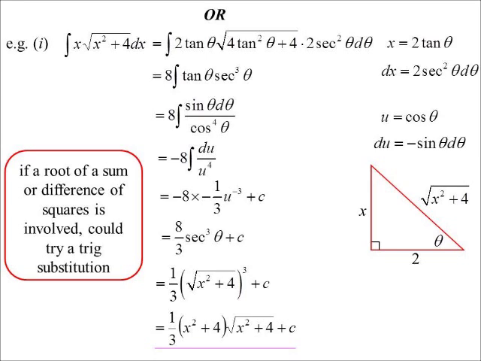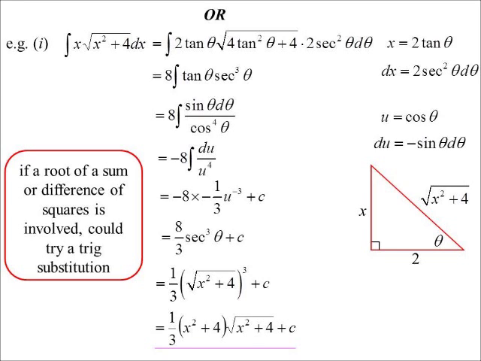Possibly not the best substitution to use. So let me just recap on that particular example. In 3 unit, they're going to give you the substitution, and they would definitely give you the first substitution, not the second. They would say use u equals x squared plus 4. But this just illustrates that there are different ways of solving the same problem, with different substitutions.